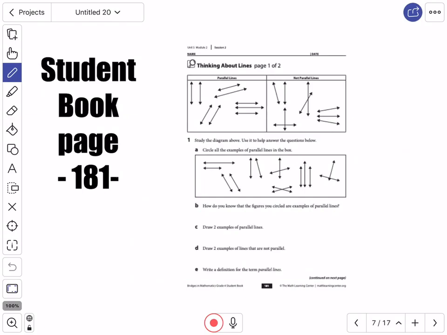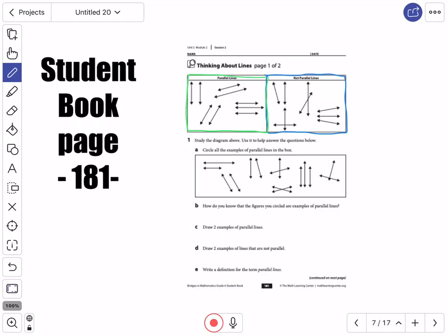Okay, so just think about those. And while you're thinking about that, I would like you to open up your student book to page 181, and you will see these same boxes that we were just looking at a moment ago.